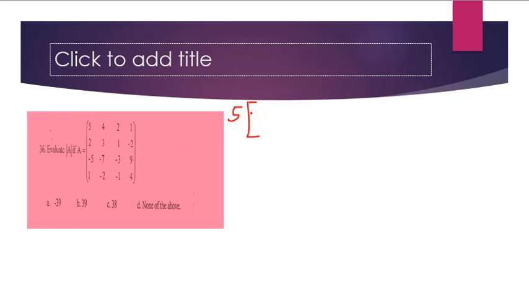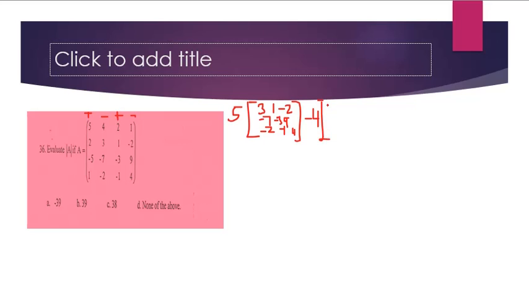So we have 3, 1, minus 2, minus 7, minus 3, 9, and then minus 2, minus 1, 4. Note that there is plus, negative, plus, and negative. Keep that in mind. So we have minus 4.